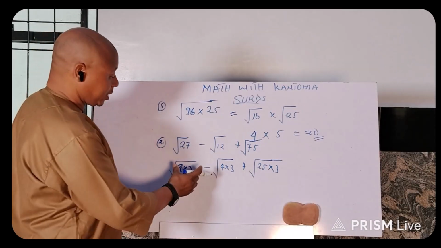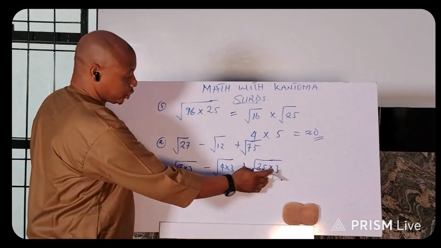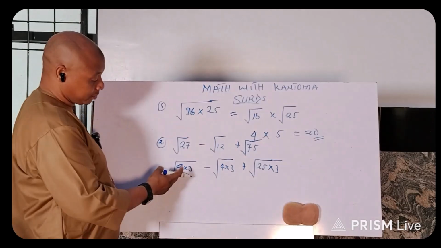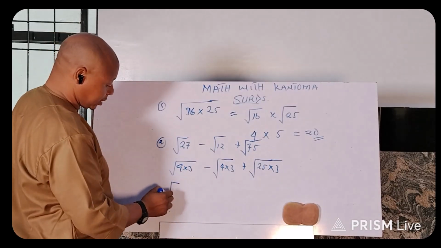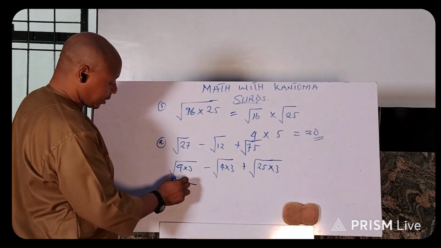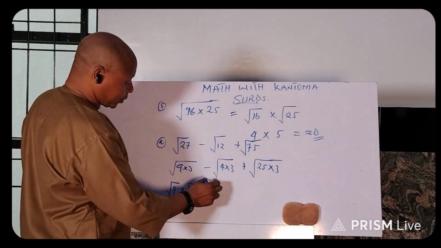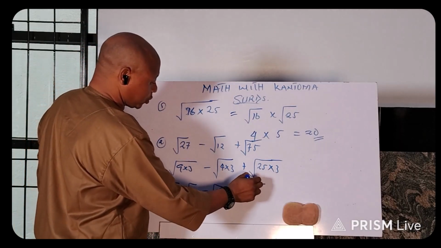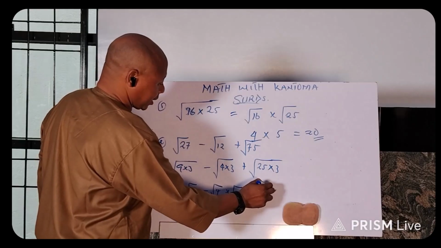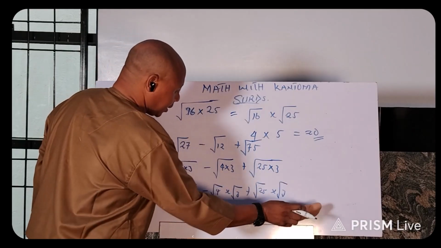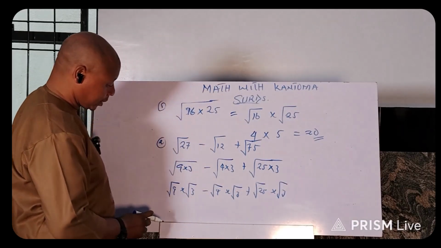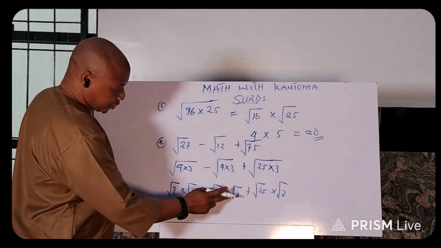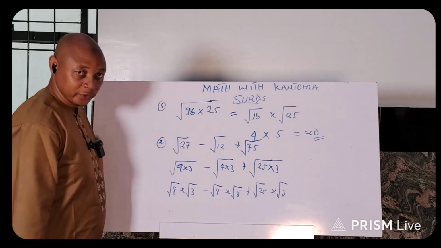So now I can split this using the first rule of surds. Splitting this, I can say this is the same thing as root 9 times root 3 minus root 4 times root 3 plus root 25 times root 3. So now if you look at this, 3 is uniform all through, right?